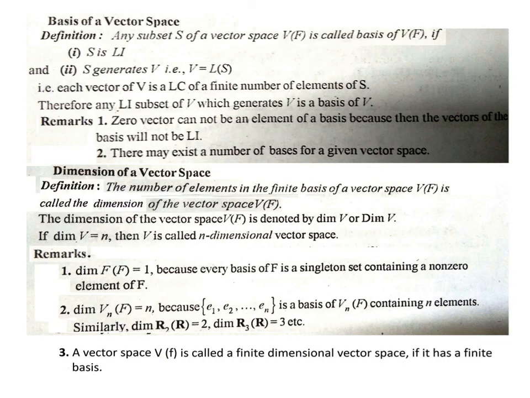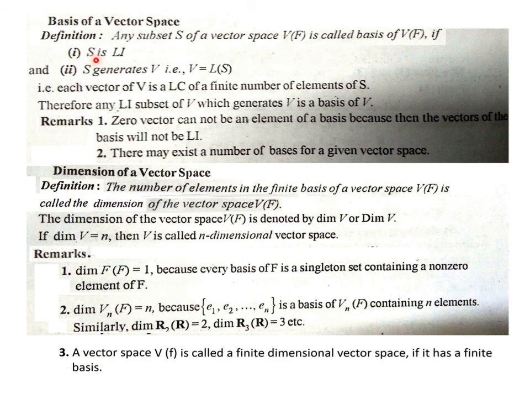Now we talk over several more important concepts of vector space. First of all, basis of a vector space. Let's define it. Any subset S of a vector space V(F), that is, subset S of set V, is called a basis of the vector space V(F) if it has two particular properties.